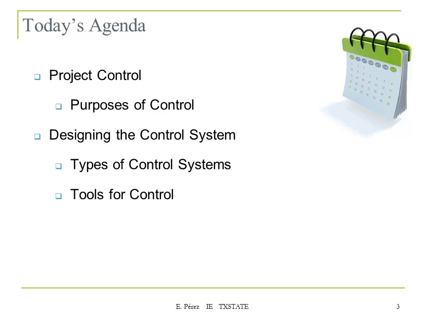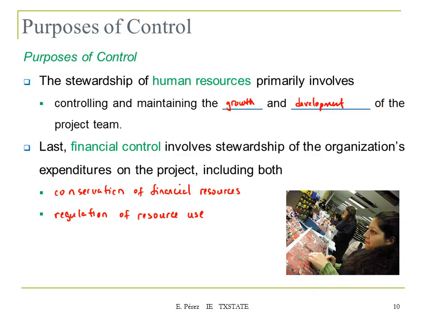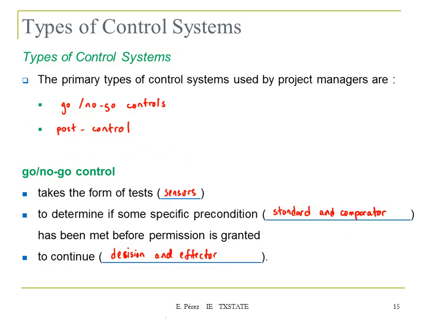So we went through most of the topics of this agenda. There's only one thing that we need to discuss, which is the tools for control. So let me get to that point.